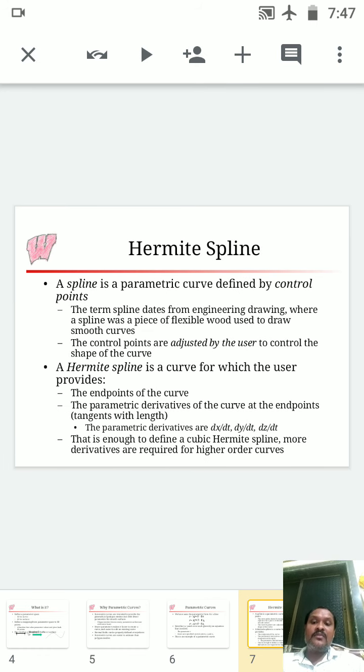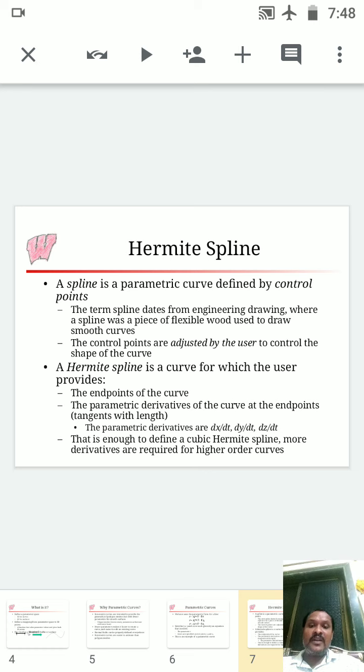The second thing that comes next is the Hermite spline curve. A spline is a parametric curve defined by control points. Here in this operation we have control points, from the 0 position to the end position. If you draw a curve, from the first end x0 to the last end point, in between we can have a number of control points, and these control points control the spline.